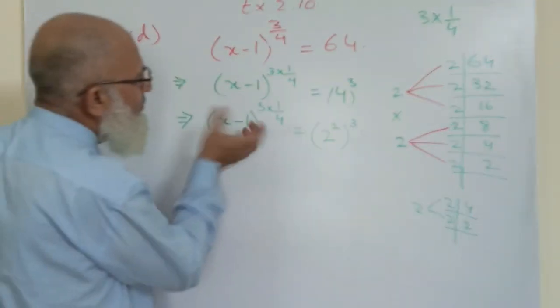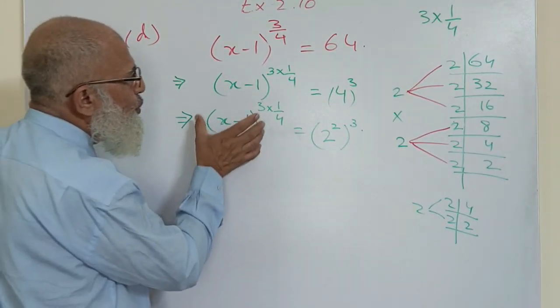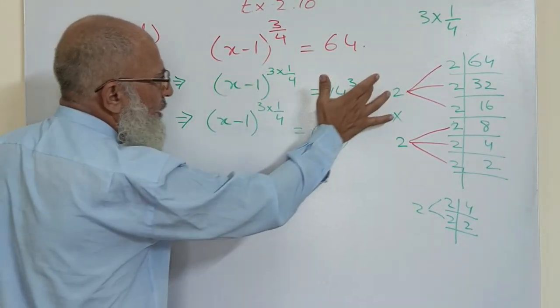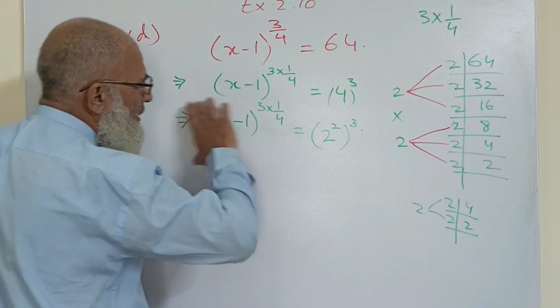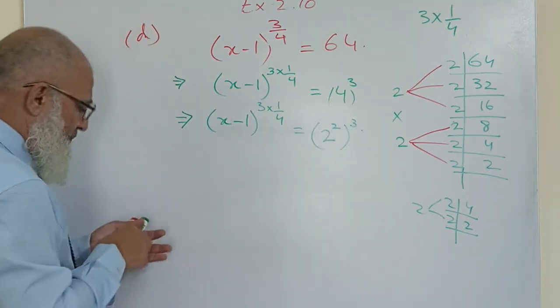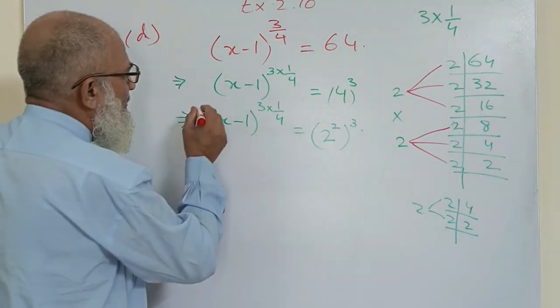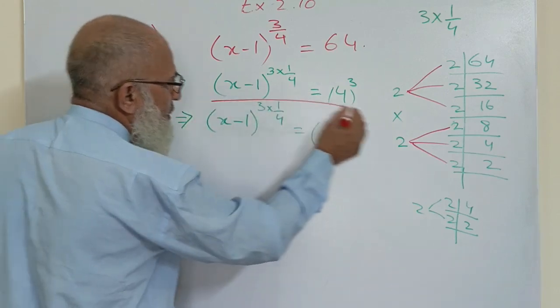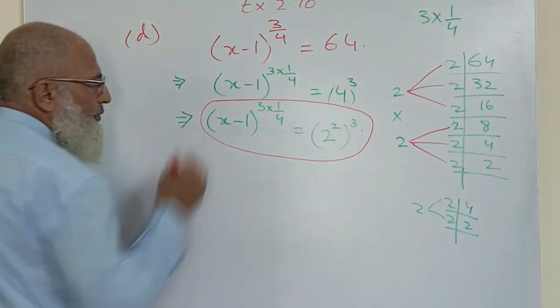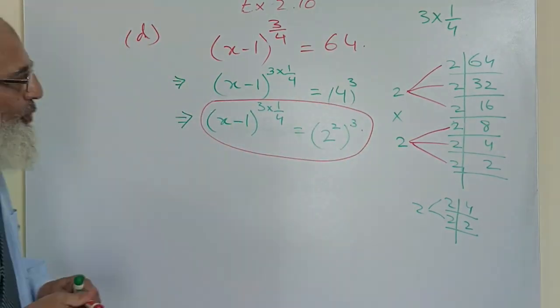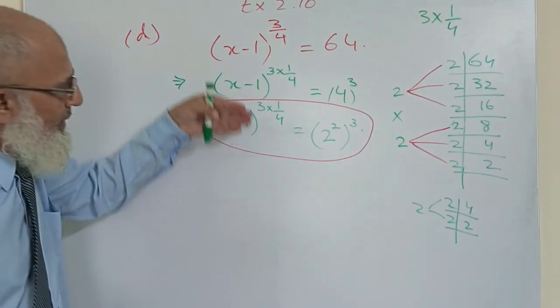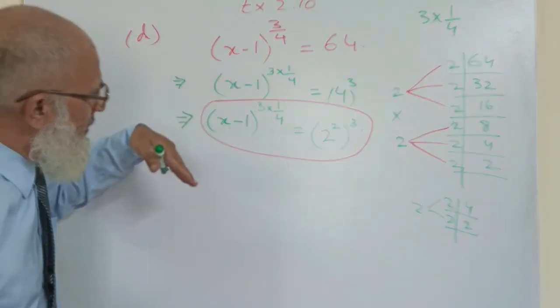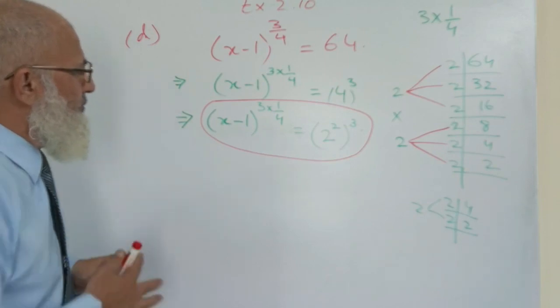Now we have come across two cubes. One cube is over here, one cube is over here. This is an optional step. This whole is an optional step. I wanted to do it for you to understand it more easily.